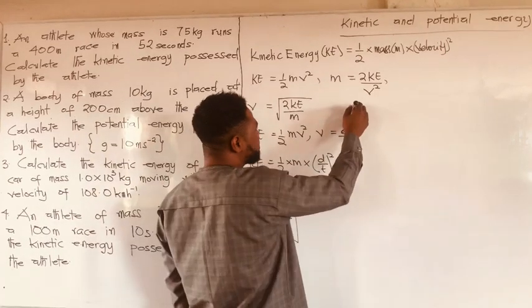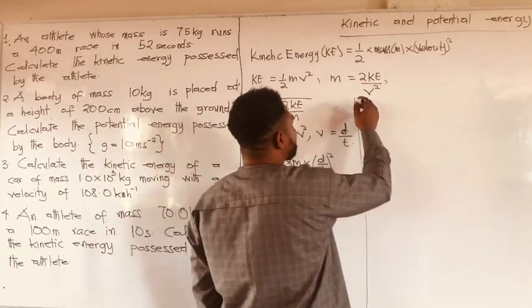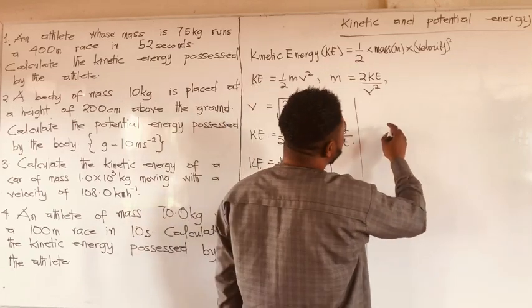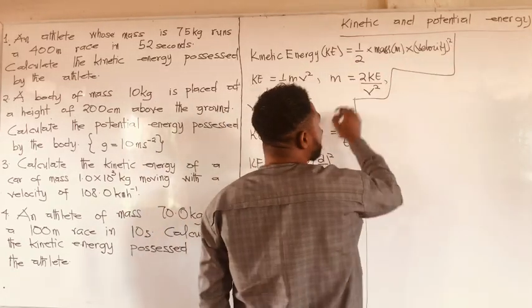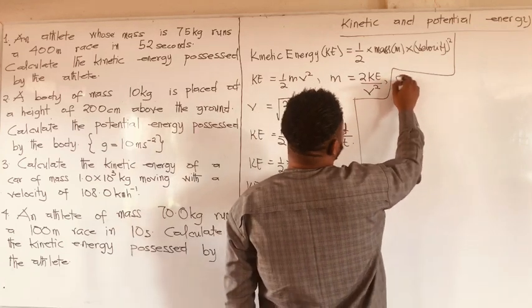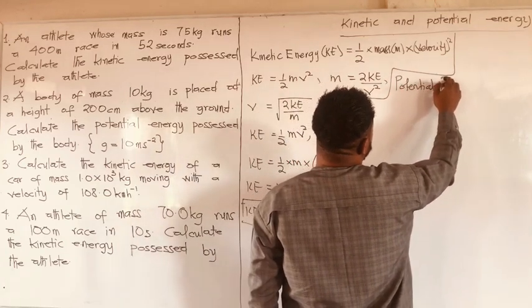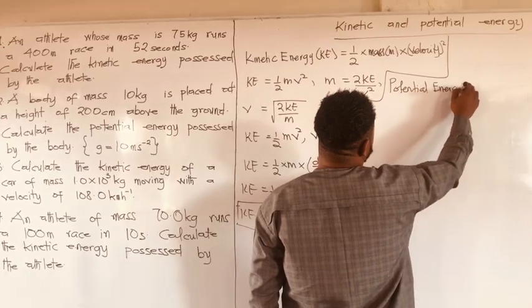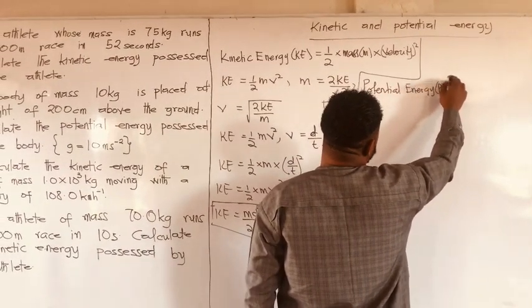All right, let us also look at potential energy. Now, when we say potential energy, we say it's the type of energy possessed by a body at rest. Mathematically, we can use PE to represent it.